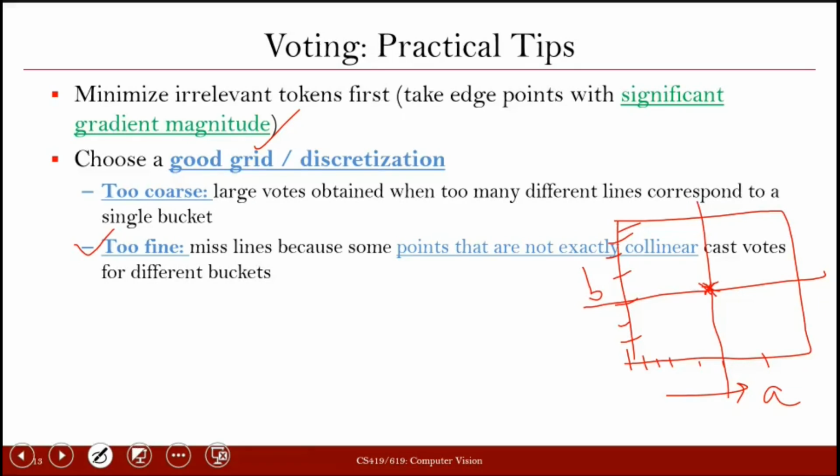And very close to this AB, there is another AB which is also going to get votes. Both of these ABs might belong to the same circle, but in the parameter space this AB has got a little deviated, because the points that we considered in the image space are not perfectly on the circle. There might be some deviation. If there is a circle in the image space and all the points we have detected are perfectly on that circle, then obviously all of these points will cast their vote to a particular AB.